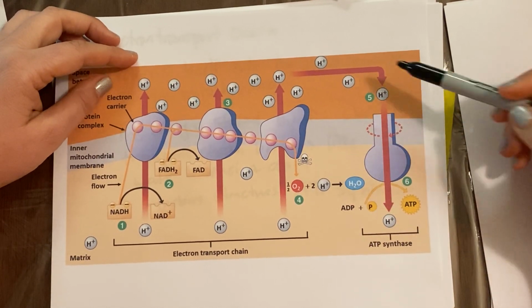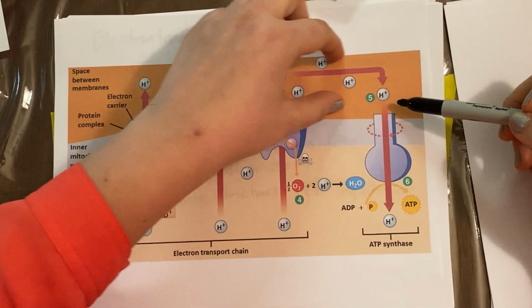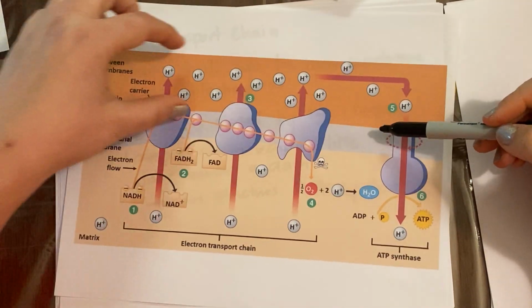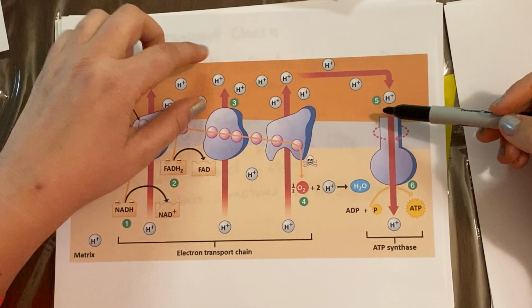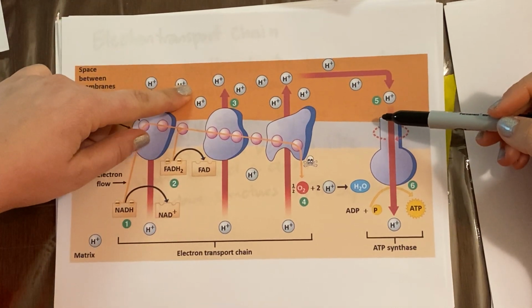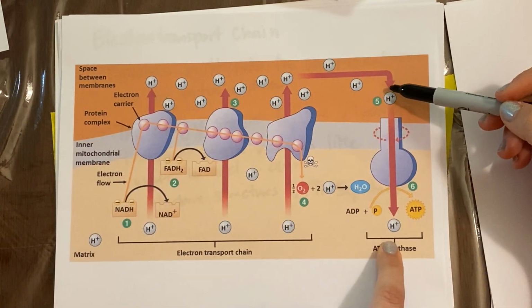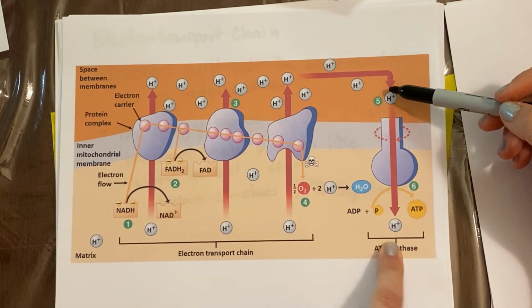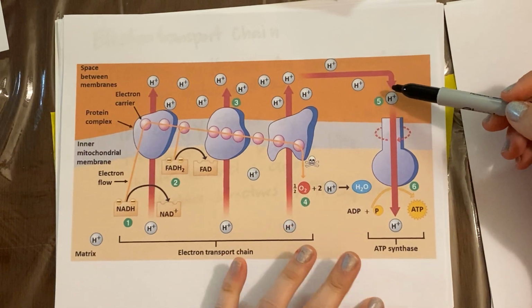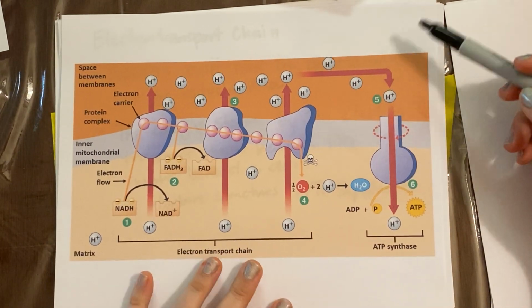So this whole process is happening. The only reason why this will work is because we have this really high concentration gradient of the hydrogen ions up here. Okay, so they will naturally run through this way because this is where there's less hydrogen ions. Okay, so this is the last step of the electron transfer chain in cellular respiration.